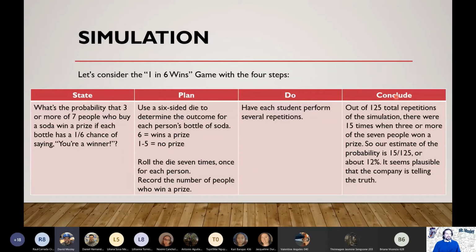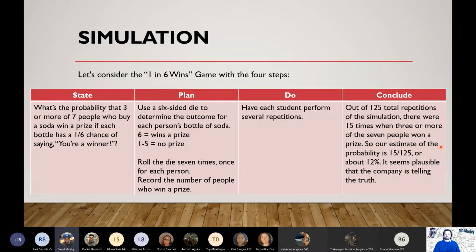And then the conclusion. Out of 125 total repetitions of the simulation, there were 15 times when 3 or more of the 7 people won a prize. So our estimate of the probability is 15 out of 125, or about 12%. Seems plausible that the company is telling the truth.